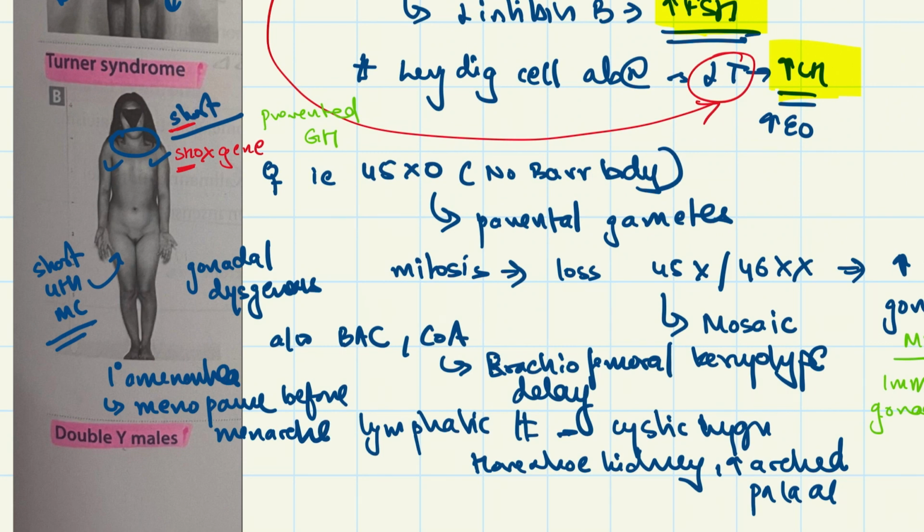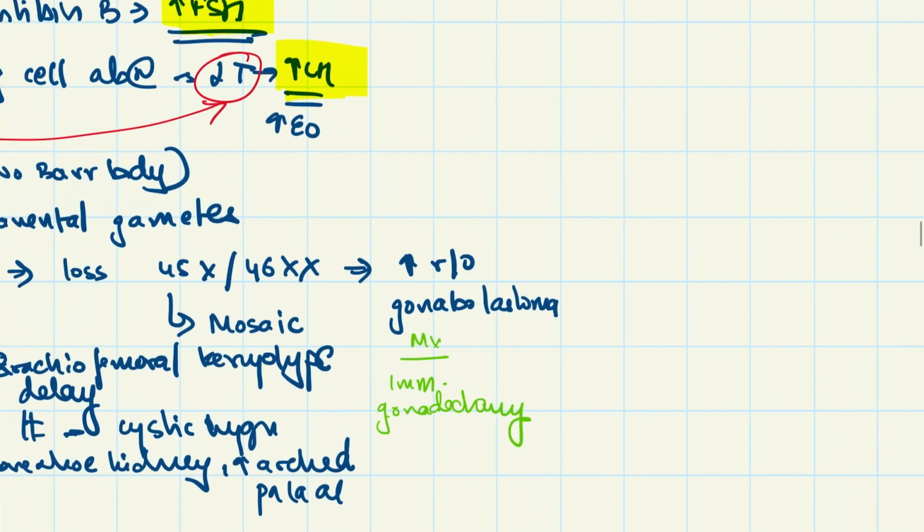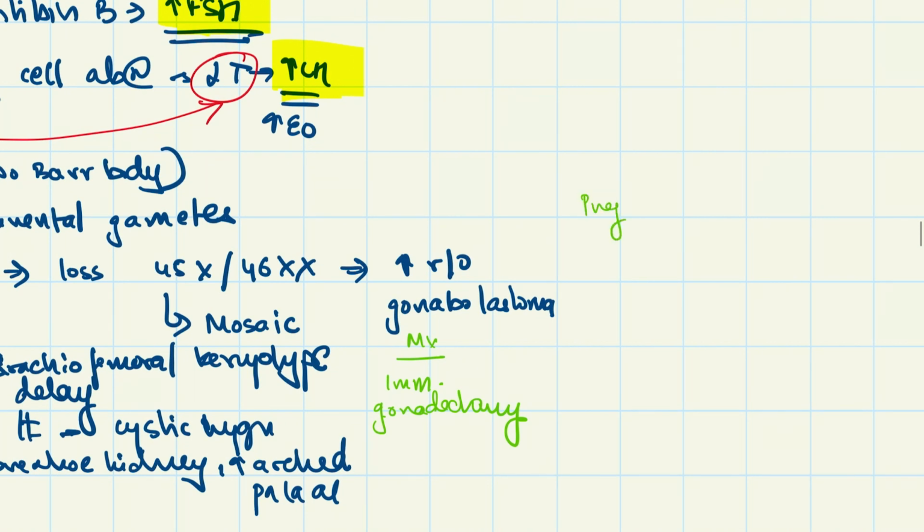Why this happens is that due to decreased estrogen, there will be increased LH and FSH. In these types of females, pregnancy is possible by the use of assisted reproductive methods like IVF and administration of estradiol 17 beta and progesterone.